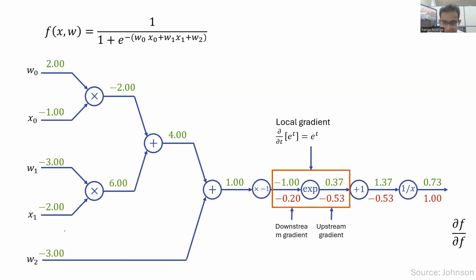Now next one, this one. The derivative of e to the power t is e to the power t itself, right? That's the property of e to the power t. We know that upstream gradient is minus 0.53. t is right now minus 1. So e to the power of minus 1, let me use my calculator.